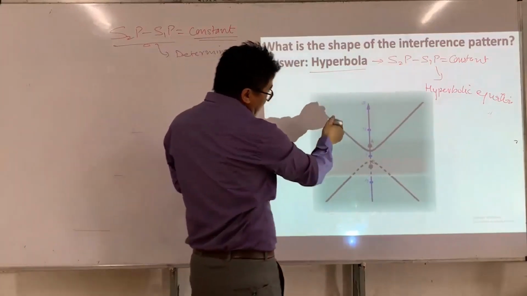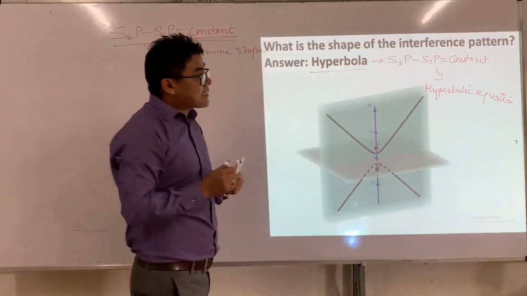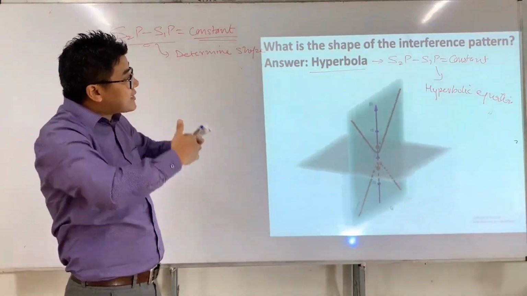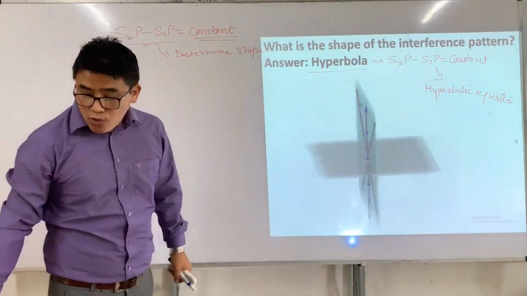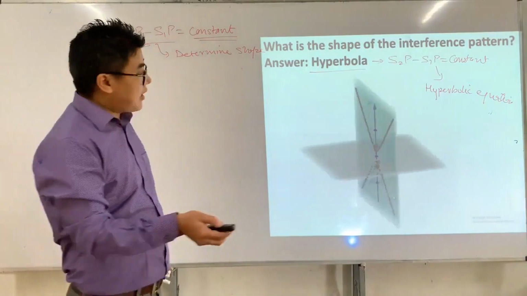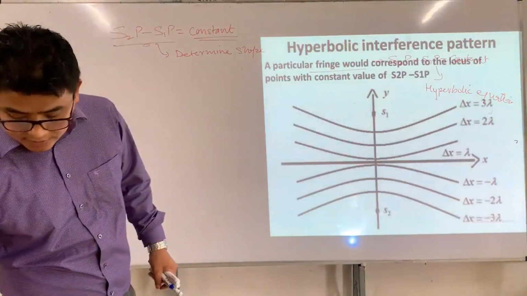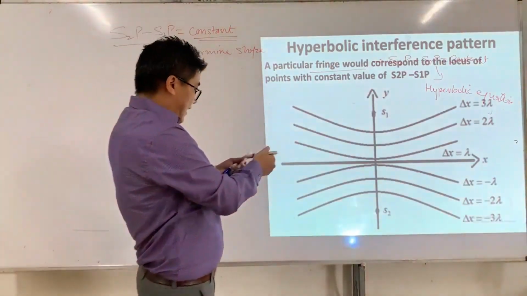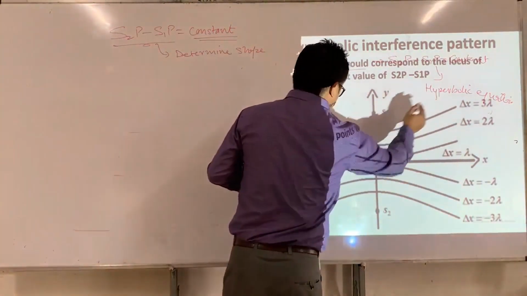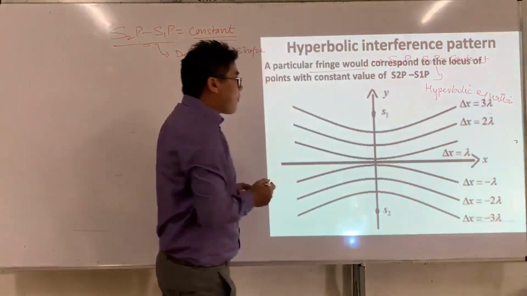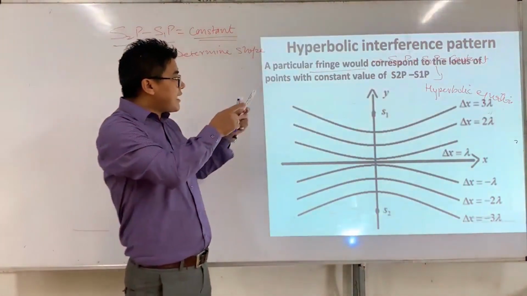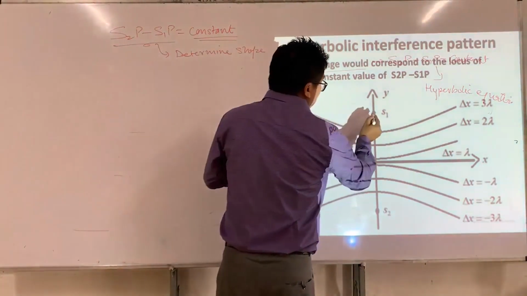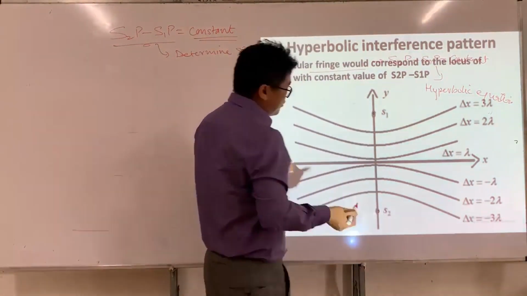This line is a set of points having a constant path difference from S1 and S2. Again, I am repeating, this is very important.